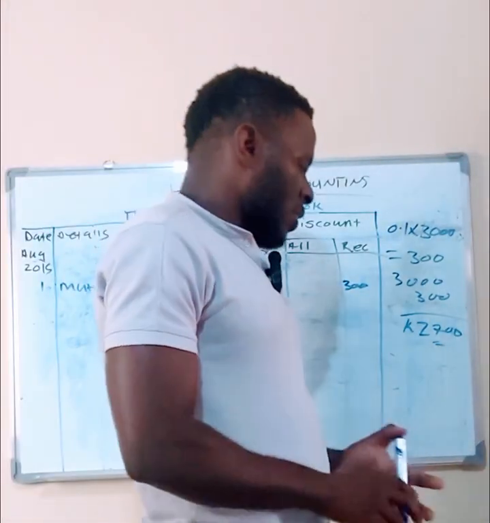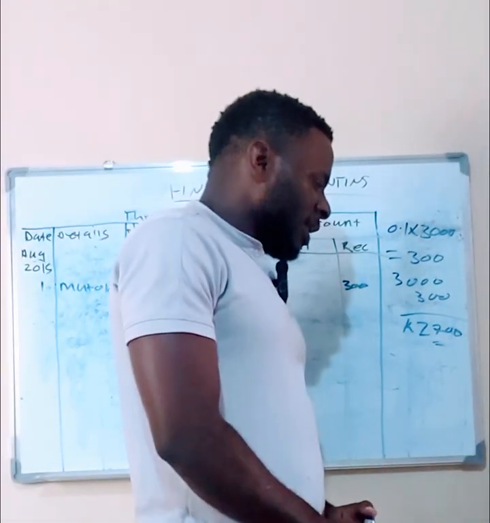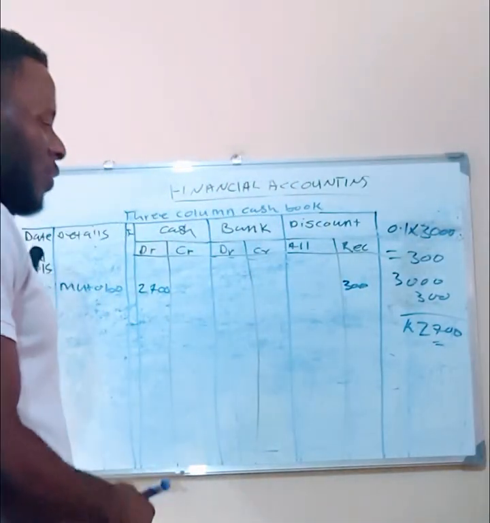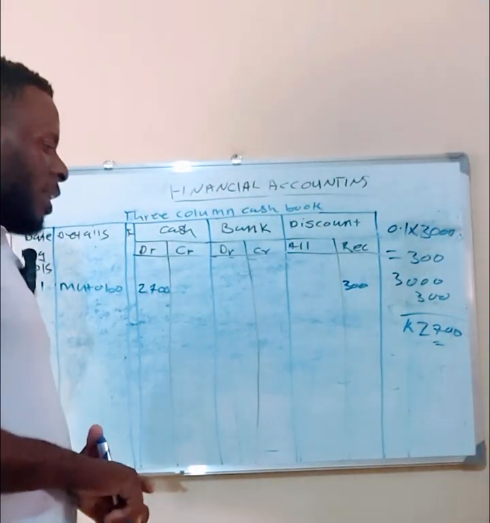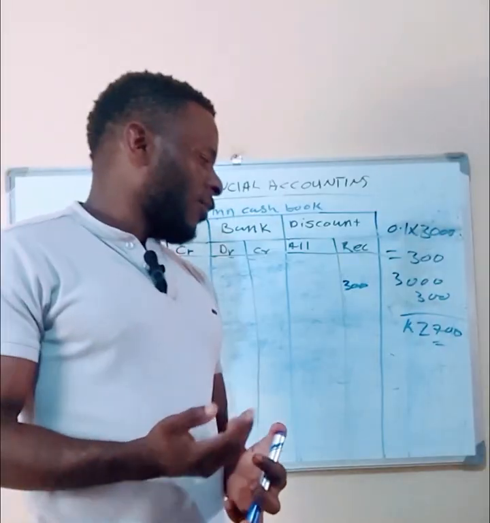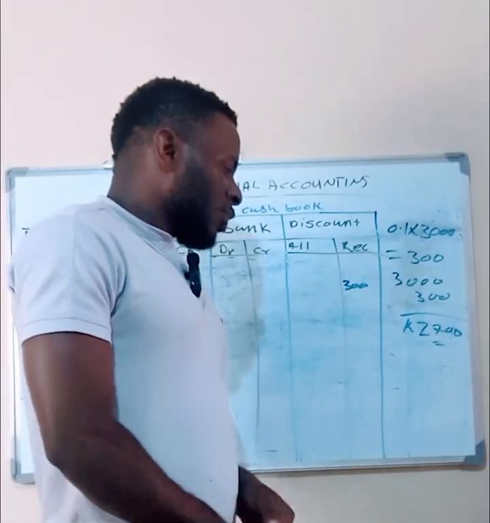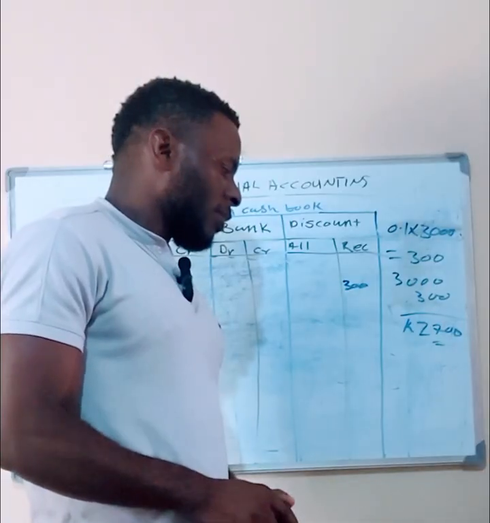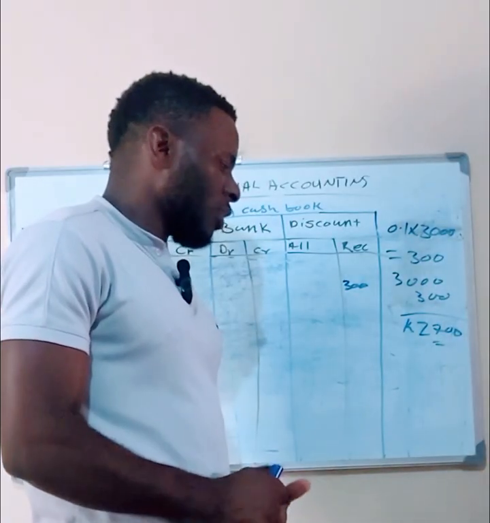End of story. On the 2nd of June, we received cash worth 200 from Chibwe. So in this case, we received cash from Chibwe. Chibwe's account is a personal account.